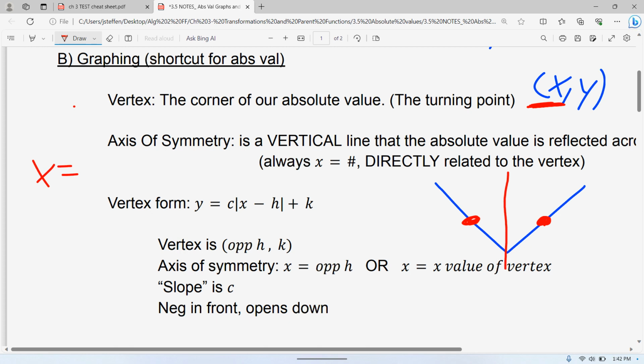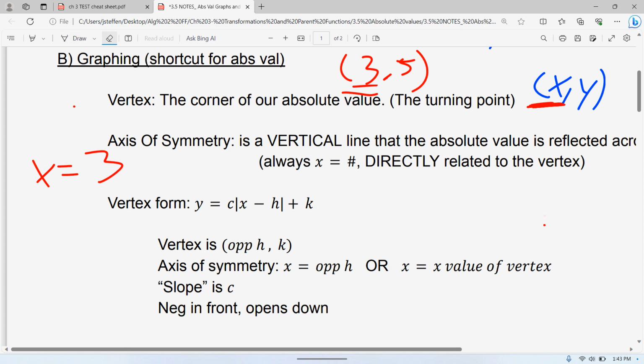If your vertex is at 3, 5, that means I go over to the right 3 and up 5. If you put a vertical line through that, it's going to go right through 3. Make sense? Again, just memorize, it's always X is equal to whatever that X value is. So for my example, it would have been a 3. We'll talk about that more in a little bit.